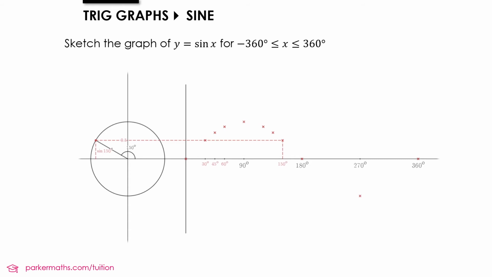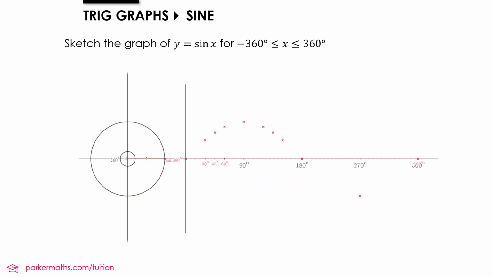To speed things up a bit, we can take a look at the unit circle and see that when we get past 180, the graph is going to have the same pattern as when we're above. It's going to go down to 270, but getting less steep as it approaches. And then it's going to go back up to 360.